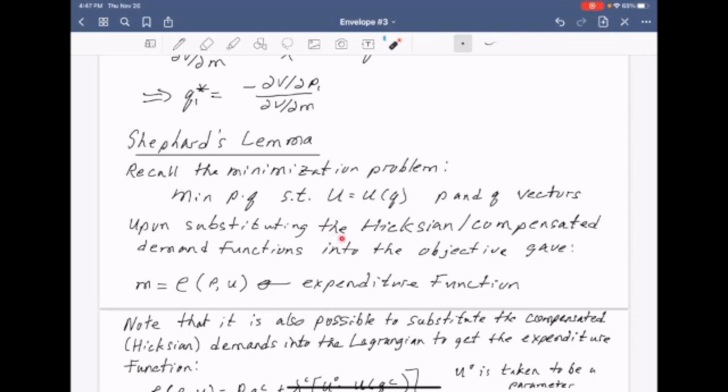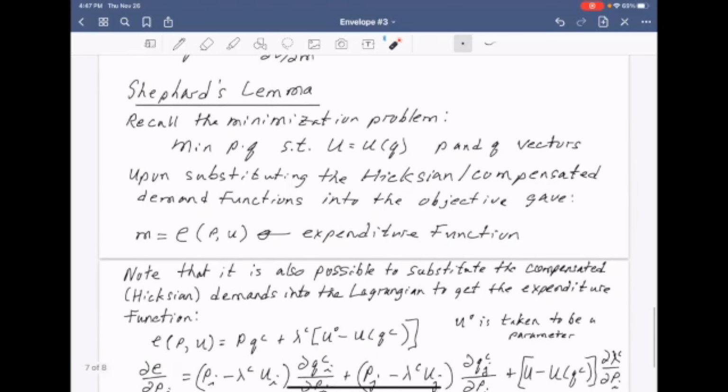Upon substituting the Hicksian compensated demand functions that we derive when we do this minimization subject to a particular indifference curve, we get the Hicksian or compensated demand functions. If we plug those back into the objective, we get that M is a function of P and U, and we call that function E because it's the expenditure function.